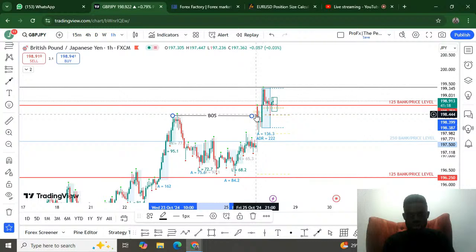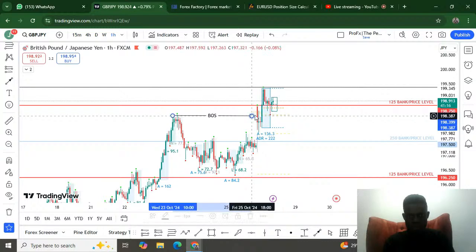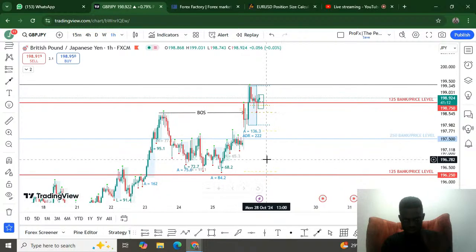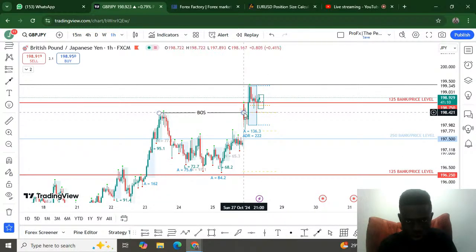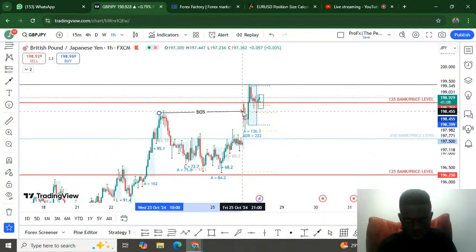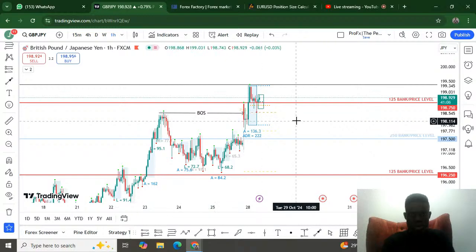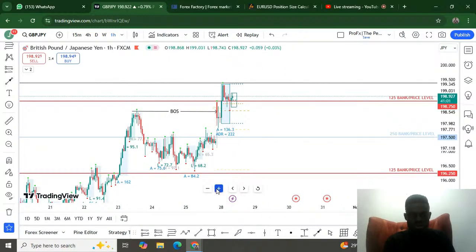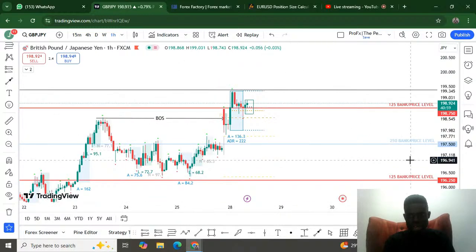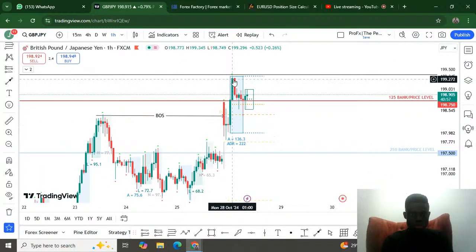So we have a break of structure for GJ. Now, for us to have a sell, we need a change of trend. Is that clear?